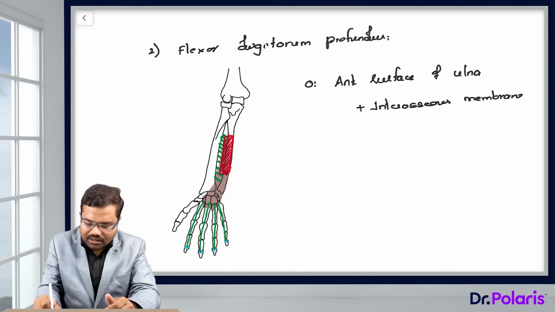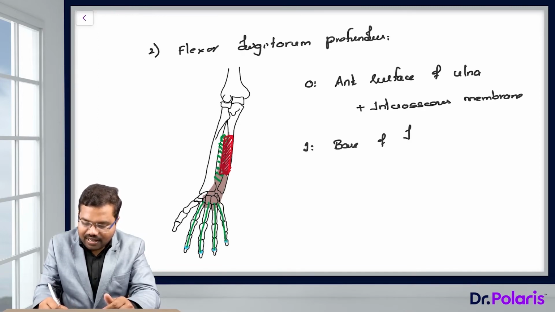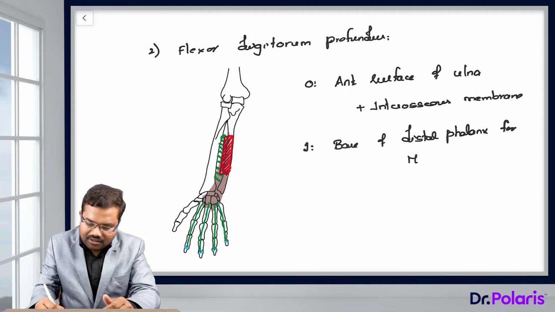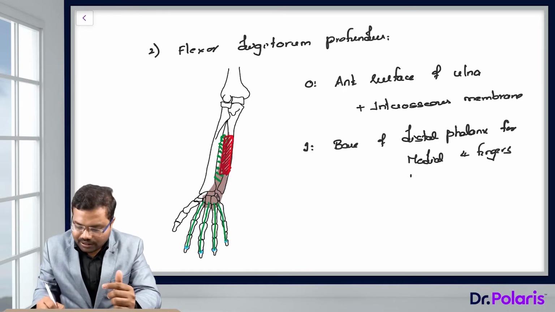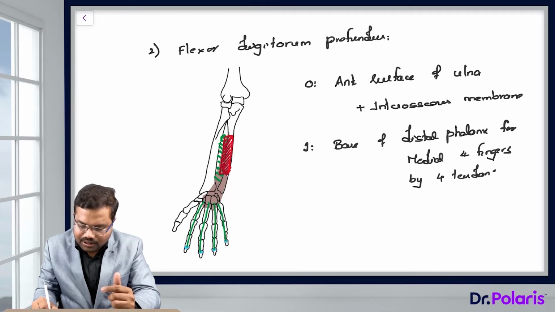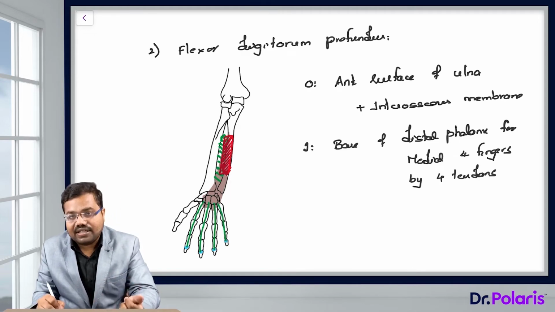Next, the insertion is the base of the distal phalanx for the medial four fingers, by 4 tendons, and all are inserting into the base of the distal phalanx.